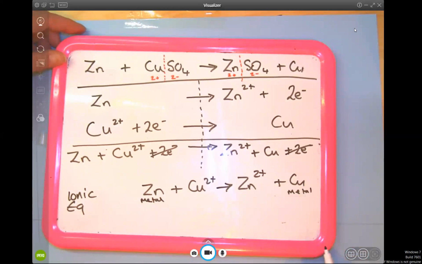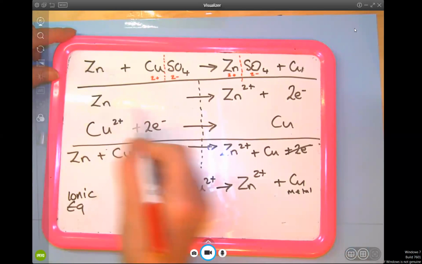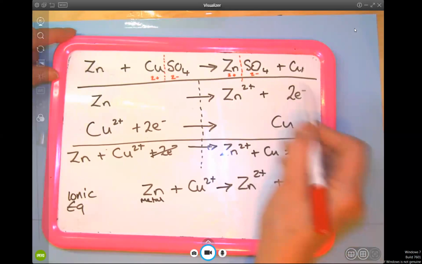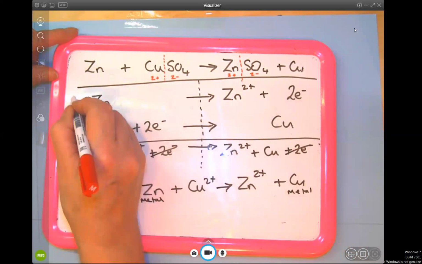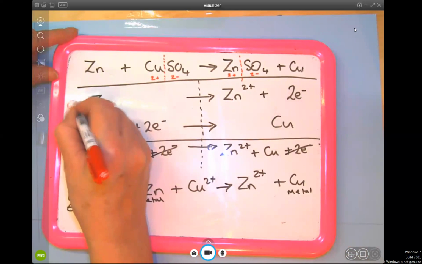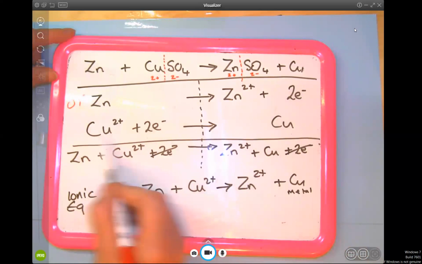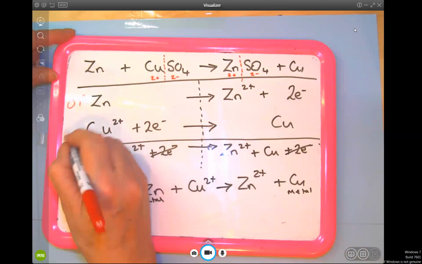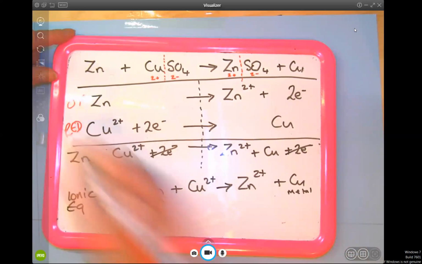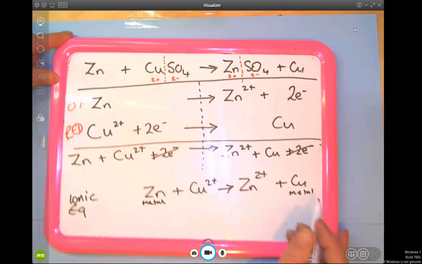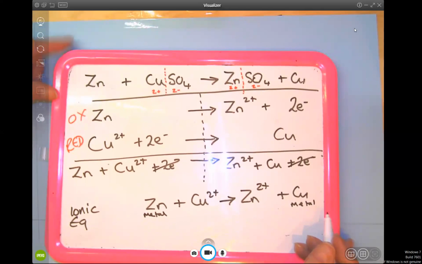So we've got displacement. Now can we work out which one's oxidation and reduction? Oxidation is loss of electrons, and the zinc has lost the electrons, so this is oxidation. And which one's reduction? Reduction is gain of electrons. The copper ion has gained electrons, so this is the reduction. So altogether, we've got our redox reaction.